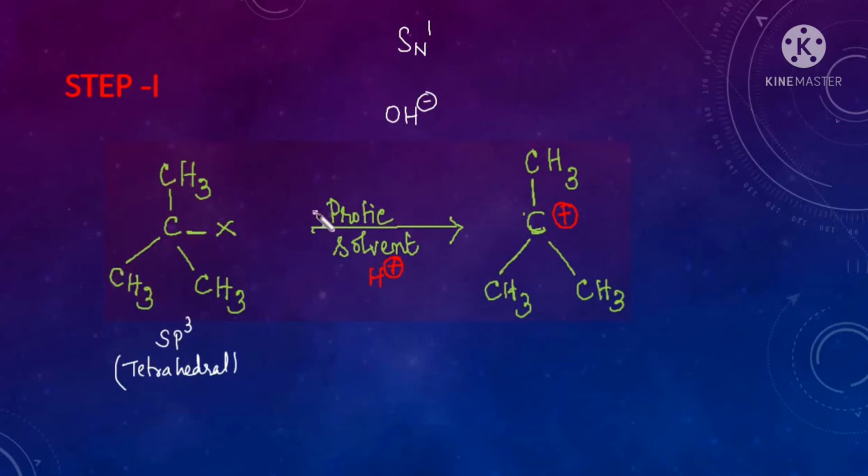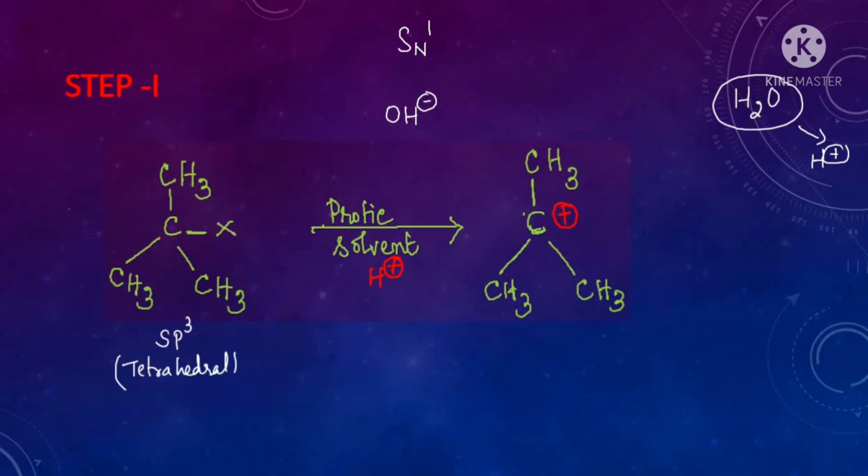So here we are making use of a protic solvent which can assist this SN1 type of reaction, that is, step 1. This protic solvent, taking water as an example, will furnish H plus ions. Since it is furnishing H plus ions, this halogen is more electronegative when compared to this carbon.